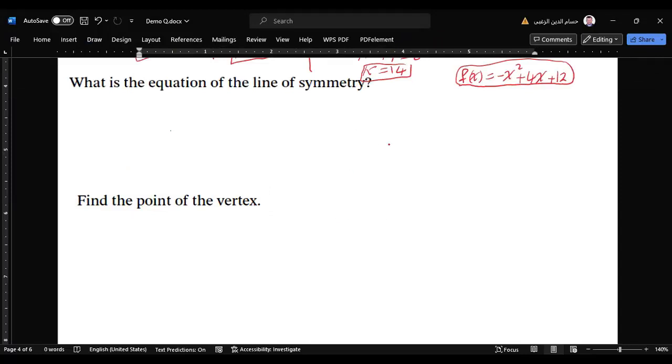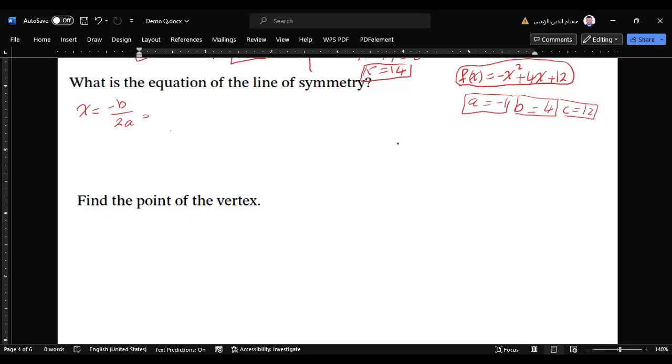the vertex. The equation of the line of symmetry is x equals negative b over 2a. Here a equals negative 1, b equals 4, c equals 12.